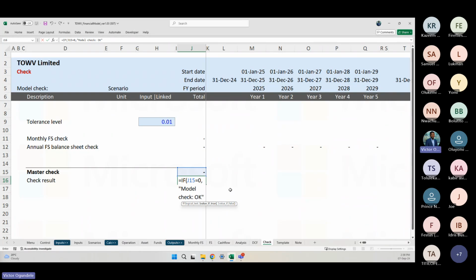Place your quotes. If not, then open your double quotes again: model check error. Close your quotes.